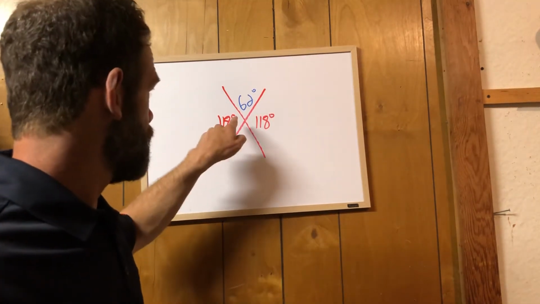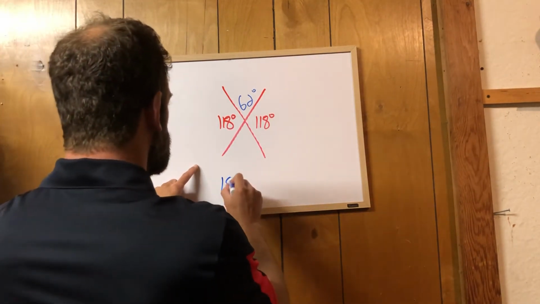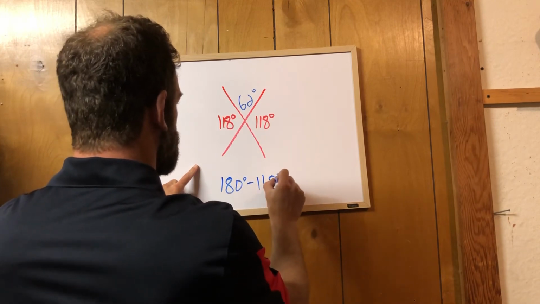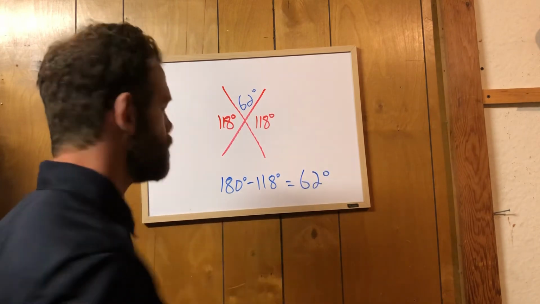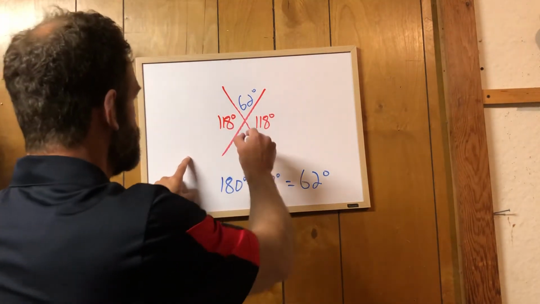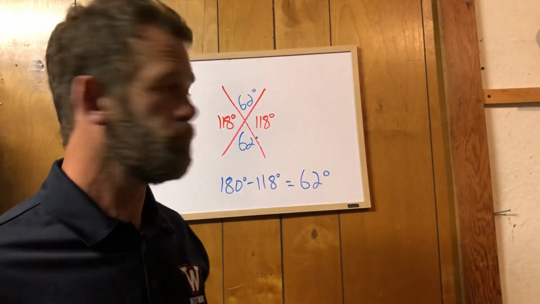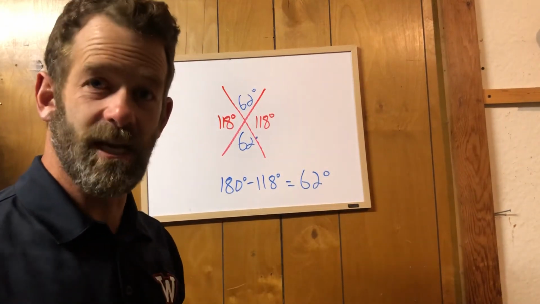These are supplementary angles, and 180 degrees minus 118 degrees equals 62 degrees. What is this angle? This is 62 degrees. Why? Because vertical angles are, you guessed it, congruent.